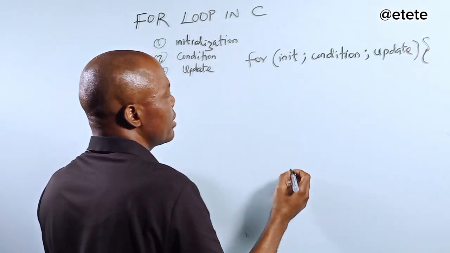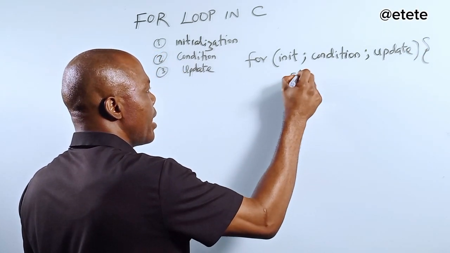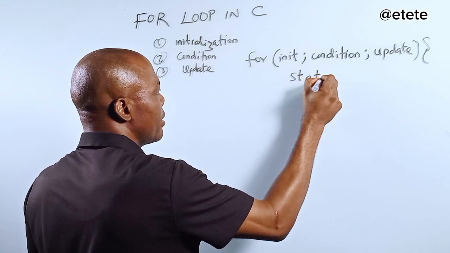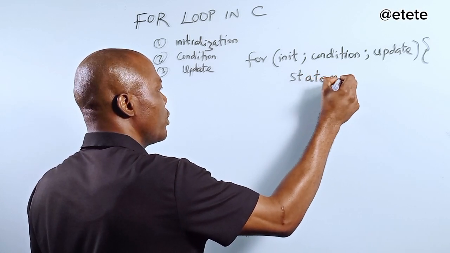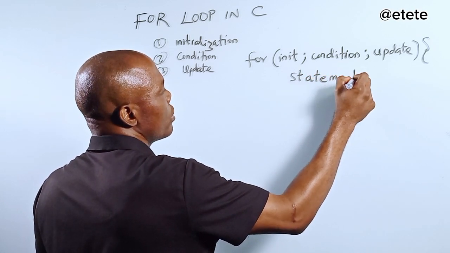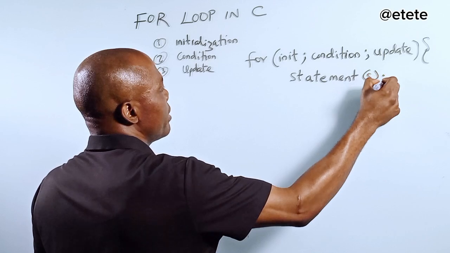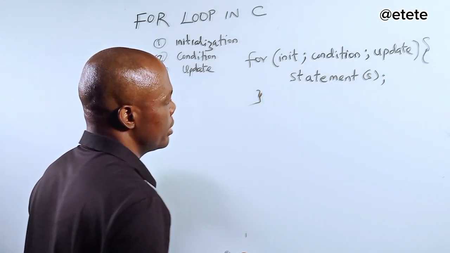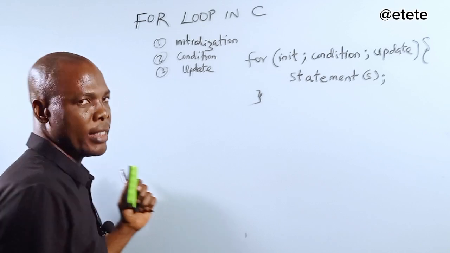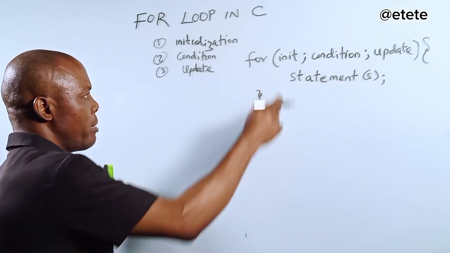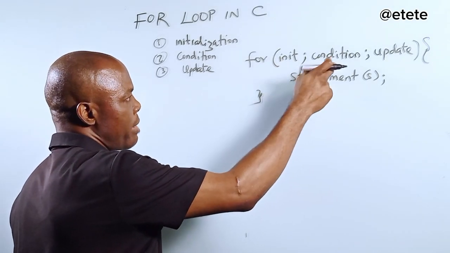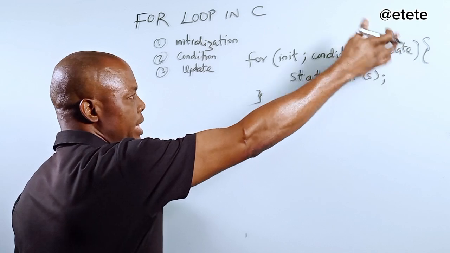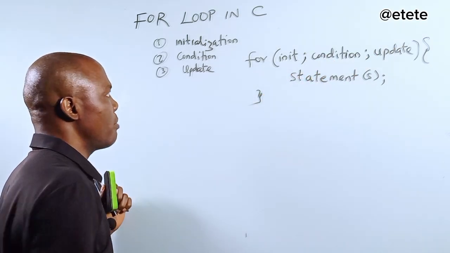Then I will do this. Inside here, I will write my statement, which is block of code or statement. Then I will close this. Now, this is the syntax for a for loop. So my initialization, my condition, the update, either increment or decrement, then I have my block of code.